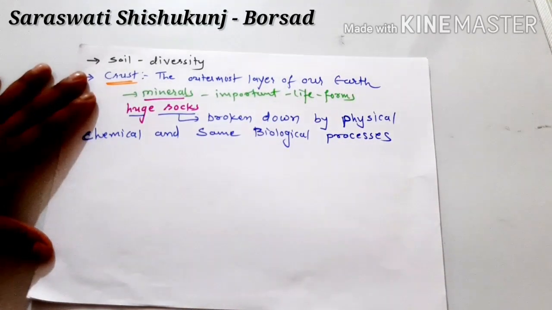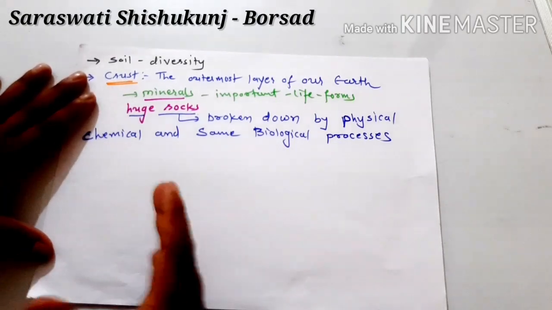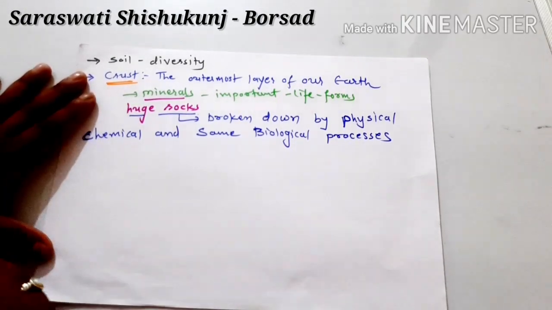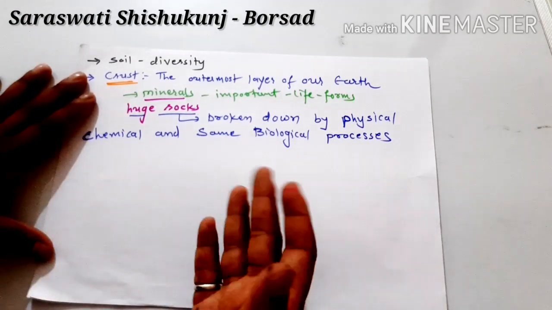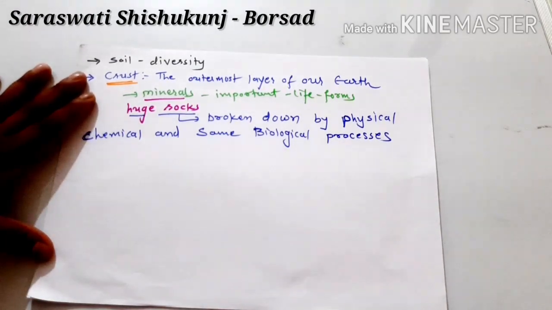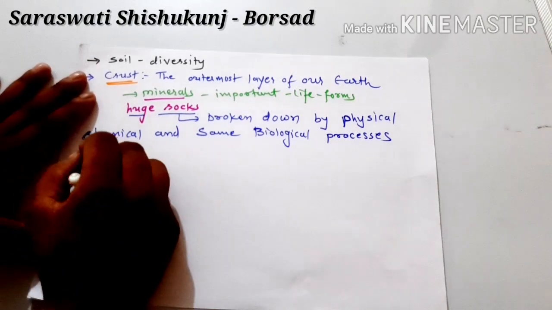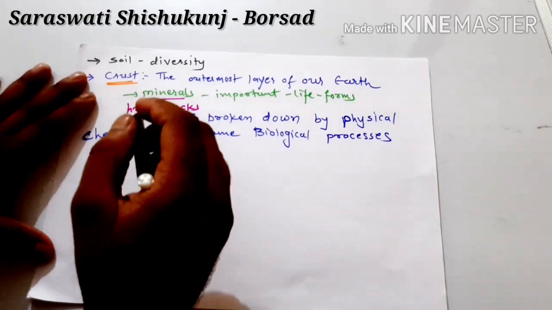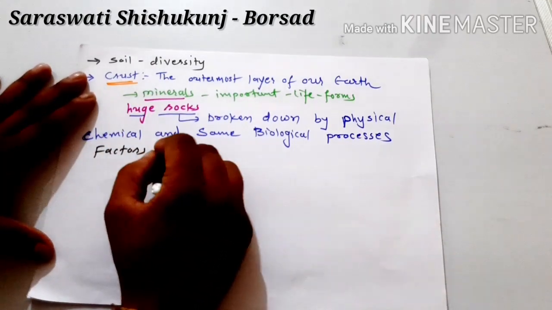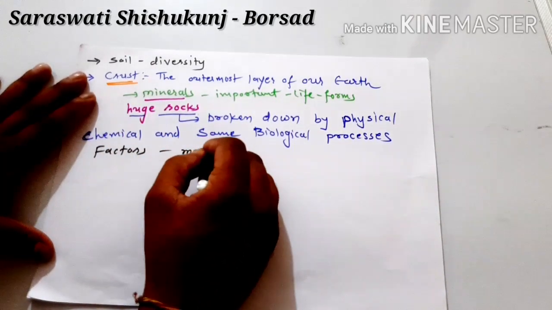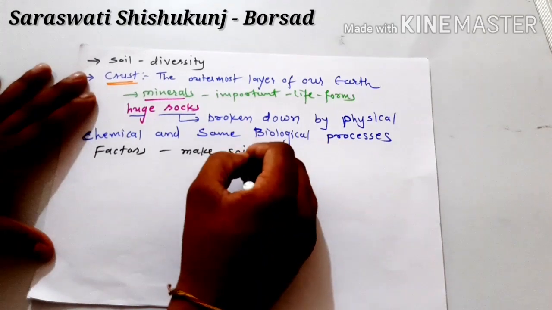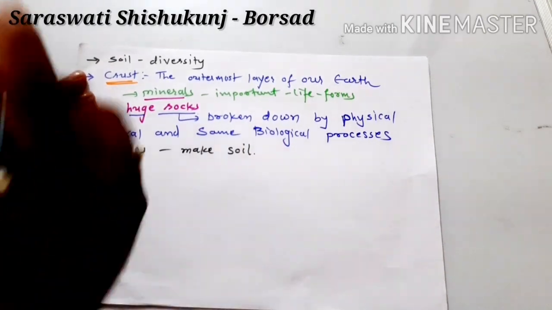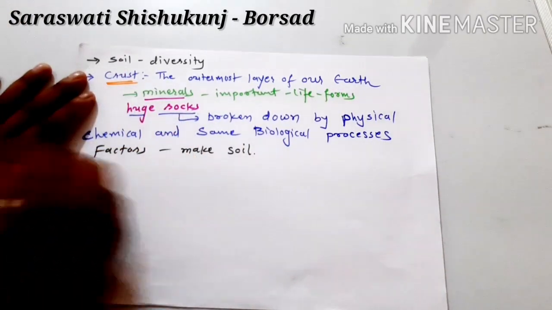Now let's see how this soil is formed, and which factors are necessary for the formation of soil. If we discuss it, what are the factors that this depends on? There are different factors.